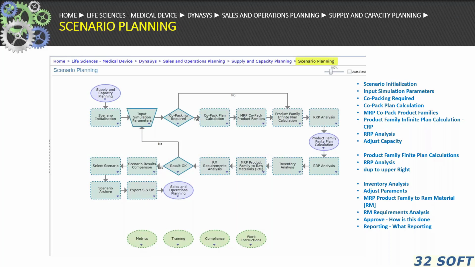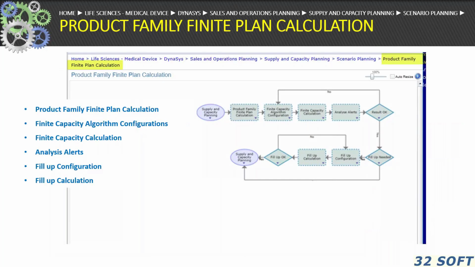It then looks at the infinite plan and calculates a finite capacity plan, and then you have the ability to adjust parameters, which then makes a comparison between the options and presents choices for the scenarios for either less cost or best optimization.